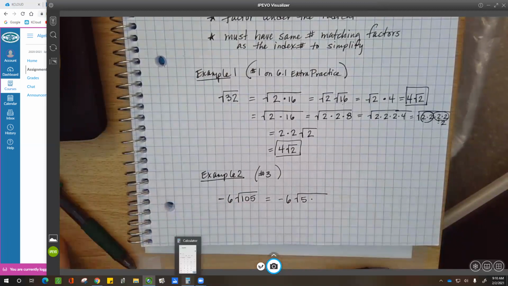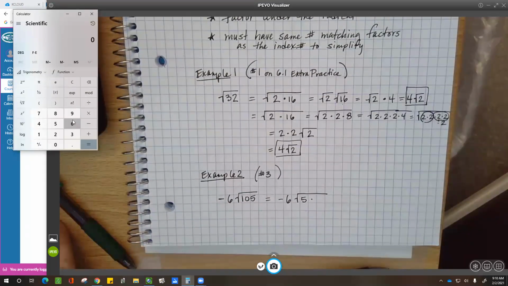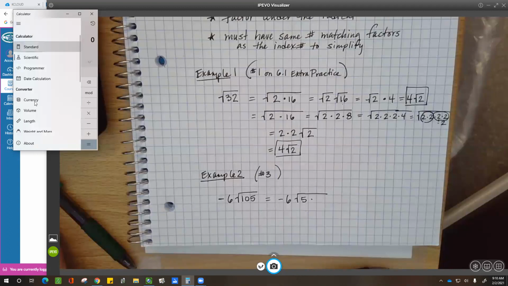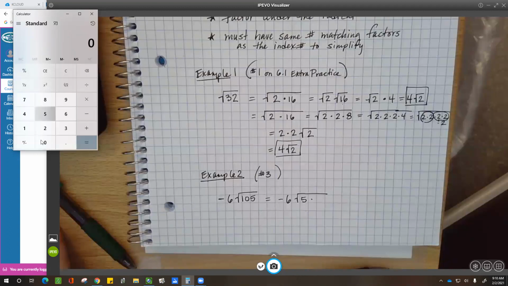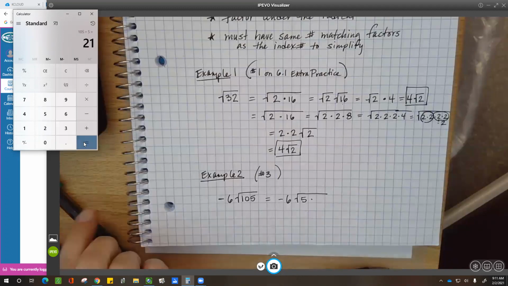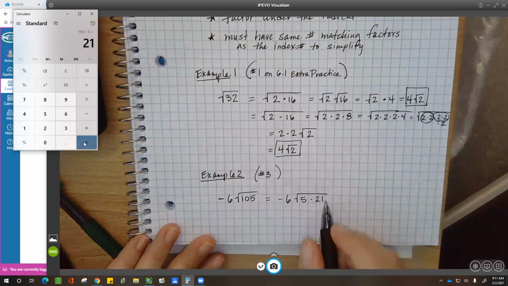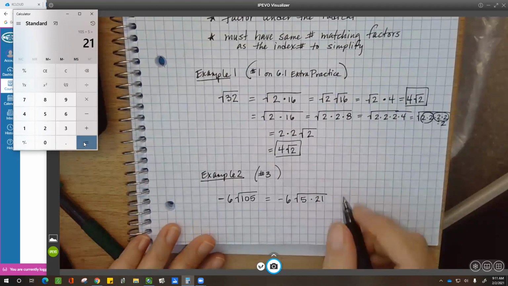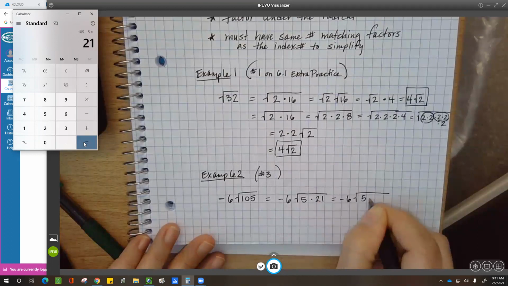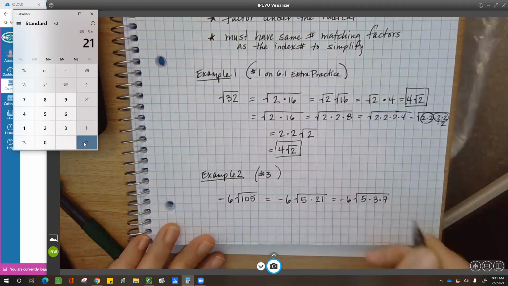I'm just going to use a regular calculator. I don't have to have a fancy calculator. I don't even have to have one that does all this stuff, actually. I can have a plain one. 105 divided by 5. 21. 21 is 3 times 7.